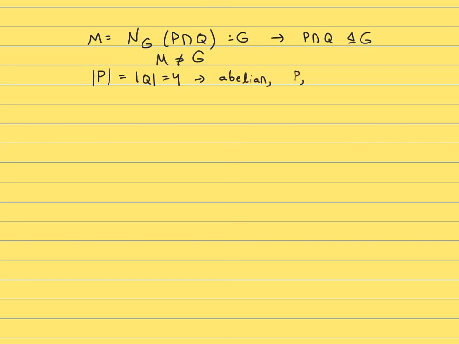And so P and Q are both subsets of M, which means that 4 divides the order of M, which implies that this group has to be of size bigger than 4. Why bigger than 4? Because it contains the elements of P and the elements of Q, so it contains at least 6 elements.